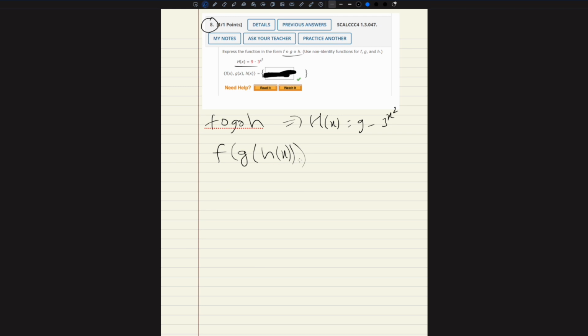Now we need to work from inside out. So we need to start from h of x. We need to find what h of x is, and then what g of x is, and what f of x is, and at the end we will try to combine it and then check it with this. Here, if I look at this equation, I would not look at the constant at first.